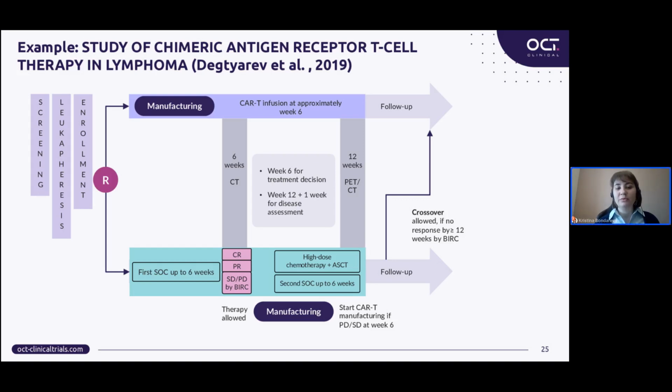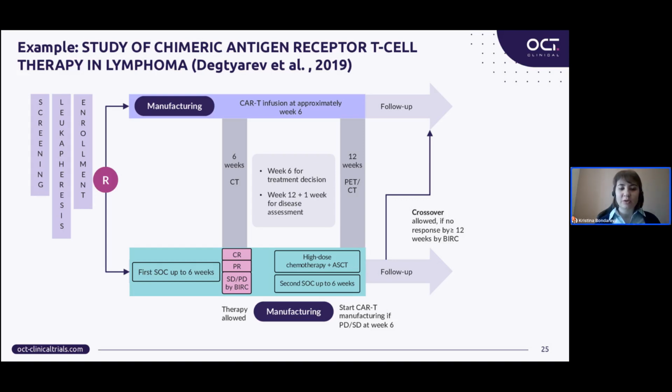However, tumor response or progression before CAR T infusion would not be a final outcome. If the patient did not receive CAR T therapy, he or she might still be a candidate for additional chemo. If there is no improvement of disease after approximately 12 weeks, then it would be considered that the treatment strategy of CAR T administration has failed.